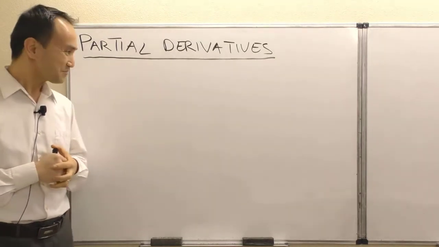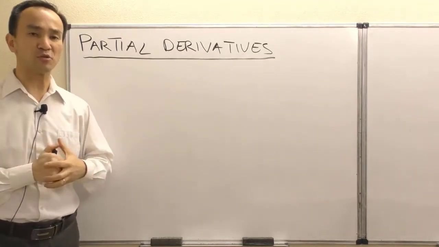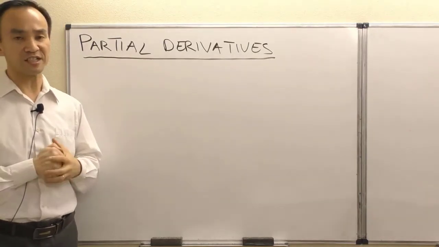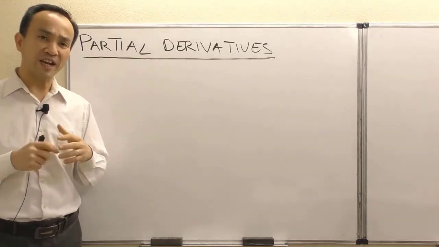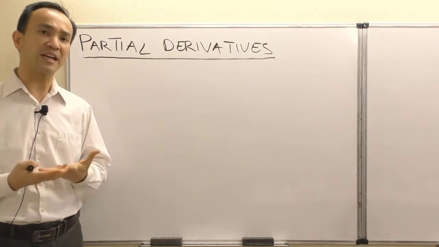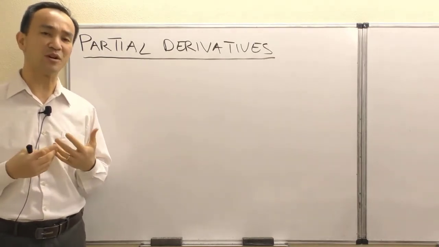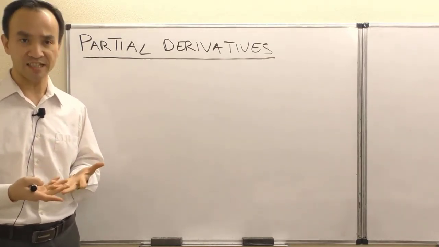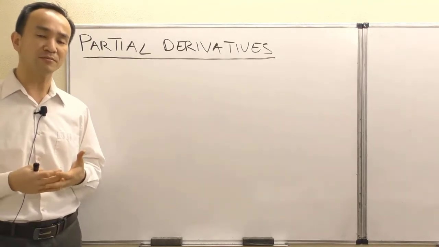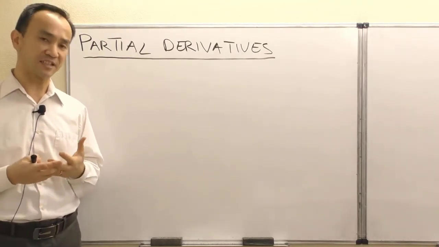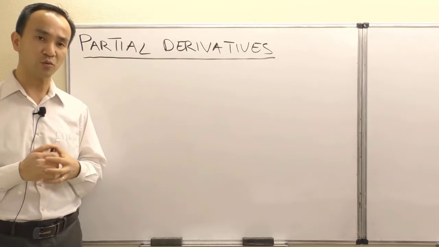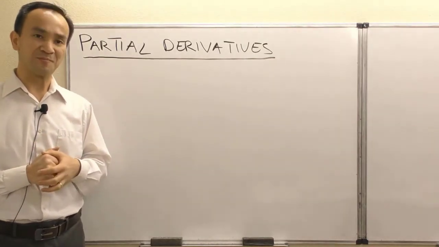To maximize the amount of board space, I am going to erase the discussion title. We will start exploring the ideas through a few problems that demo the ideas, and then we're going to start getting formally into what a partial derivative is.